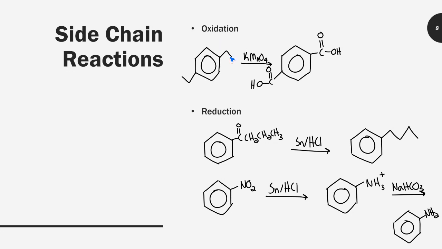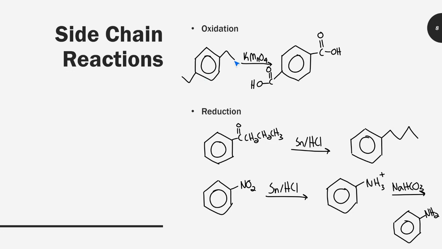If you have alkyl groups on a ring and oxidize, you'll end up with this benzoic acid group, this carboxylic acid group. It doesn't matter what this alkyl group is, no matter how many carbons you have on this chain, it will always give you just this. This could be a methyl group, and it would still give me this, or a 9 carbon chain, it would still give me this.